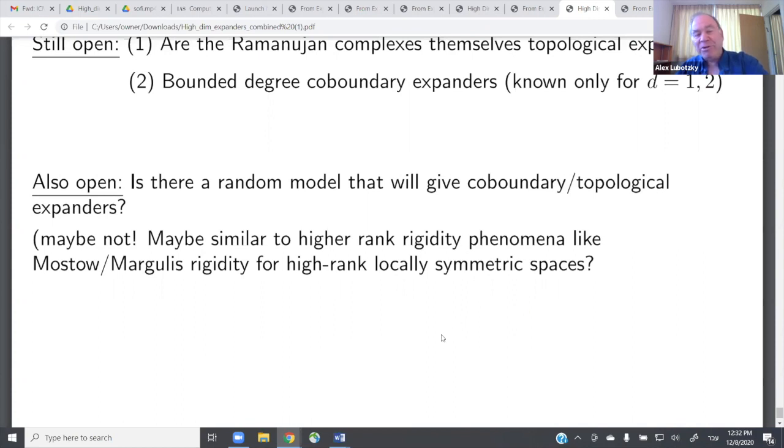And here I tell you the truth, I have a feeling that there is no such random model, but I don't even know how to say mathematically there is no such random model. What does it mean? There is always a random model, right? You take all and put a uniform probability, but somehow there is no construction. I don't know how to say it, but I can tell you where my intuition comes from.